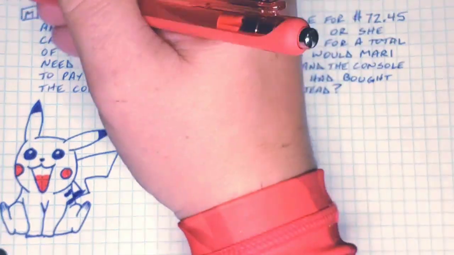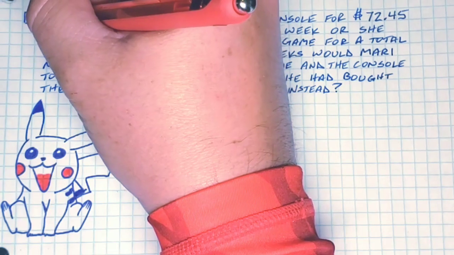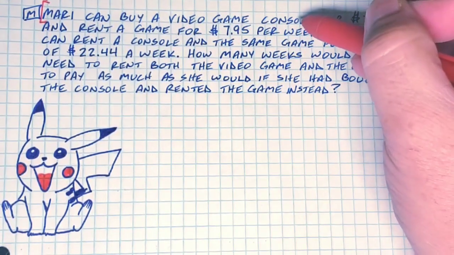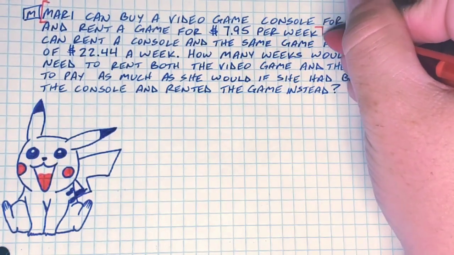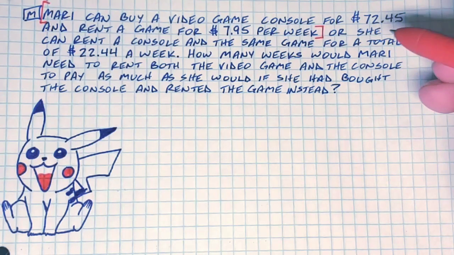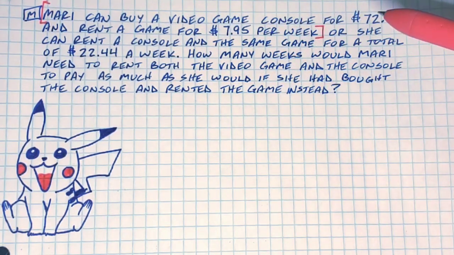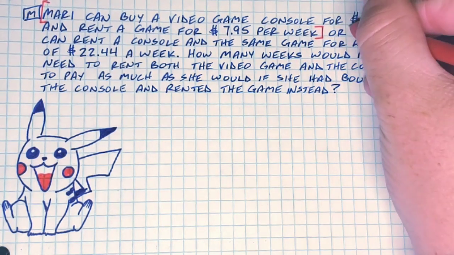So that's one deal that she can take. She can buy the video game console and rent the game, or she can rent a console and the same game for a total of $22.44 per week.